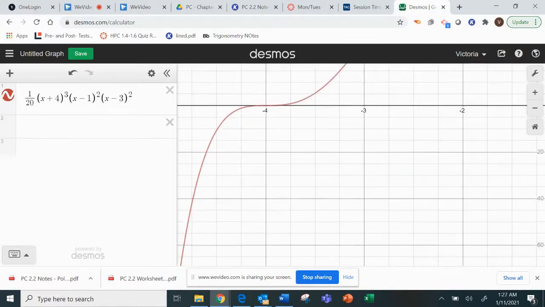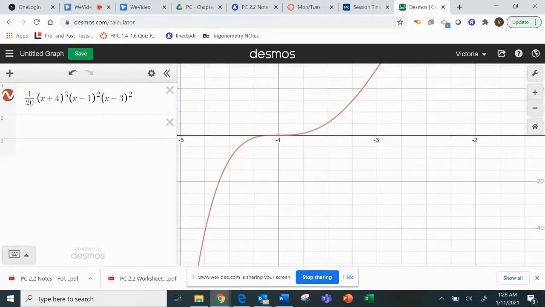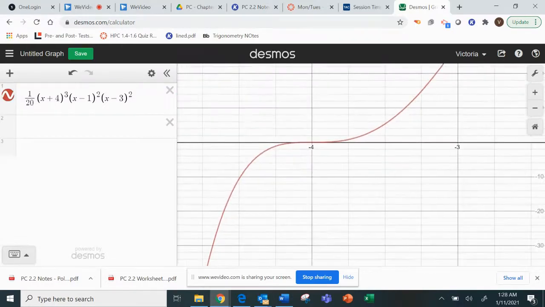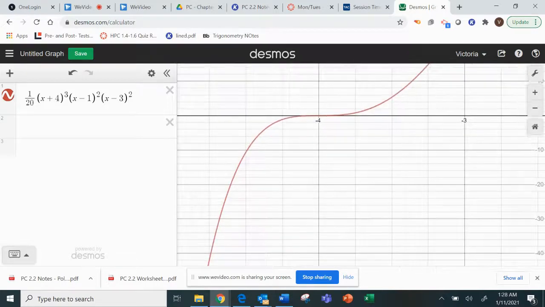At -4, there was a multiplicity of 3. You will notice that this graph passes through just like a cubic graph. When I zoom in on just this part of the graph by itself, it looks like a cubic graph. If I'm zoomed in just on this piece that passes through the x-axis, it looks like a cubic graph. Well, that's because there's 3 of those -4s.